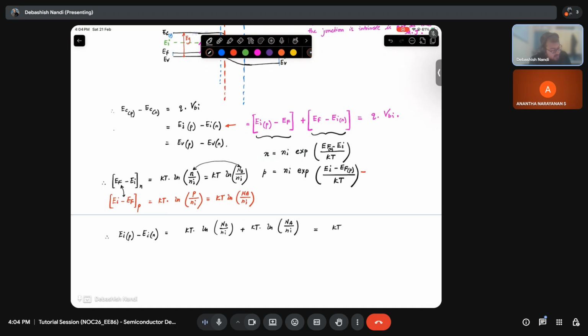So this is KT ln NaNd divided by Ni square, that is equal to Q times VBI. So your VBI boils down to KT by Q ln NaNd by Ni square.